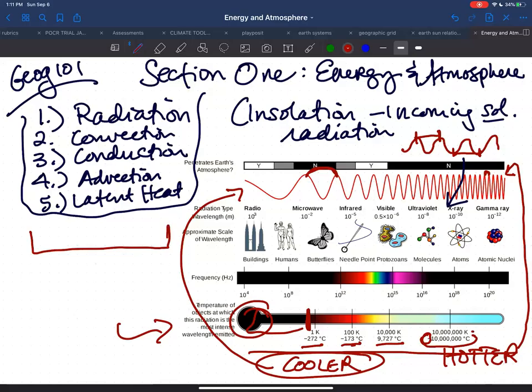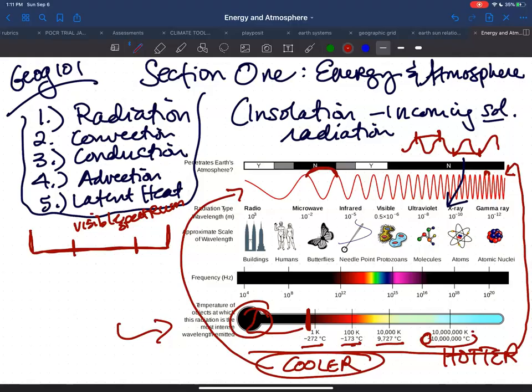So we're going to put the electromagnetic spectrum like that, and we're going to draw in the visible spectrum, which, as everyone knows, is the colors of the rainbow. So you guys know the colors of the rainbow and their order?